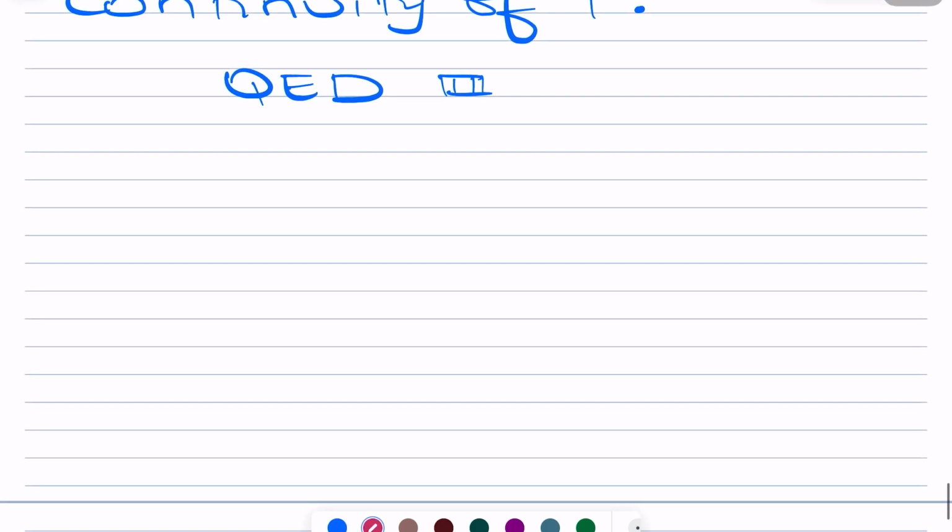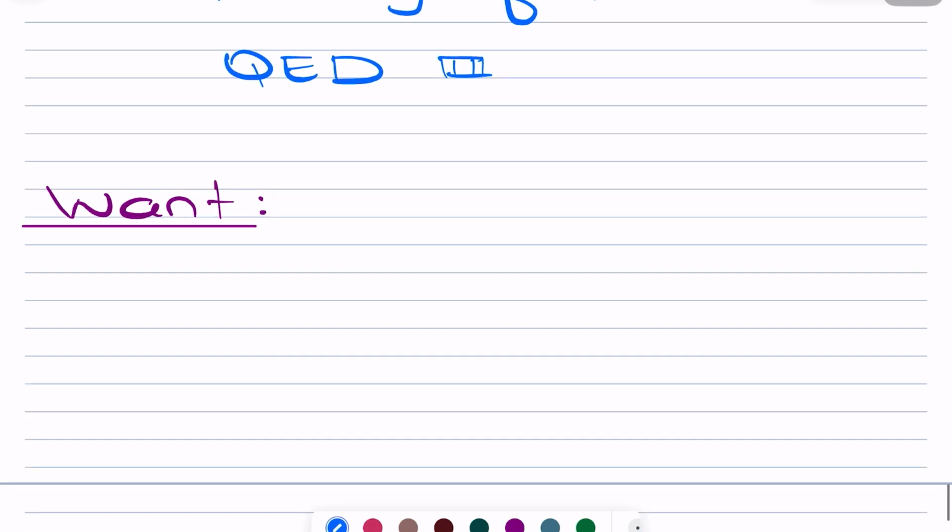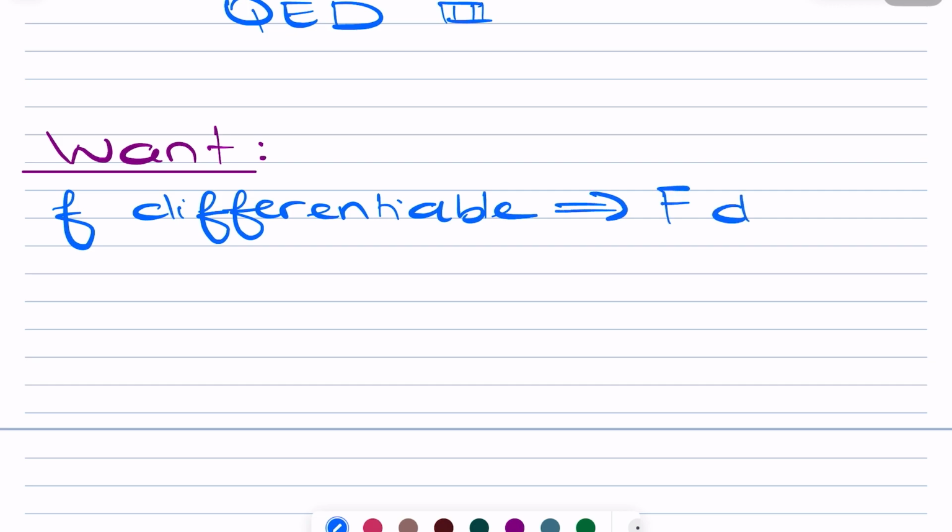What we want is to say that if our Caratheodory function little f is differentiable, then capital F is differentiable. We would like to get this.